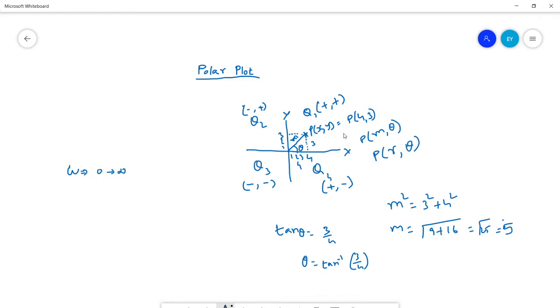Same thing we have done in Bode plot also. We'll be varying frequency from 0 to infinity, right? If you remember the phase plot of the Bode plot, we were checking the points at every frequency, the corner frequencies, and plotting the Bode plot. So you can correlate that with this polar plot as well.